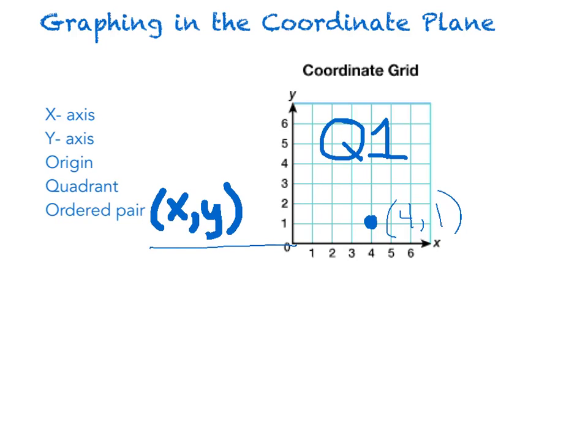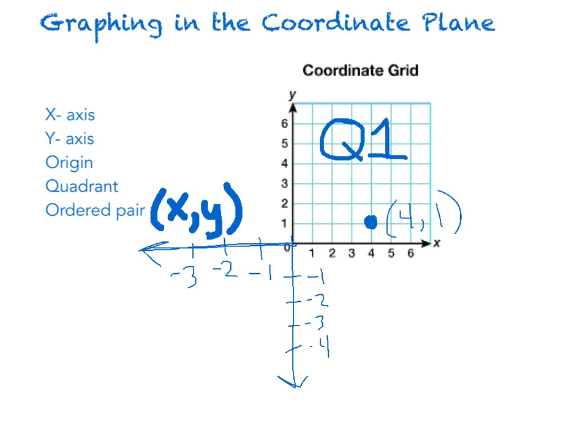So the x-axis can extend to the left, which would mean if this is 0, it would go -1, -2, -3, and so on. The y-axis works the same way. It goes up into positive numbers, but it can also go down into negative numbers. -1, -2, -3, -4, and so on.